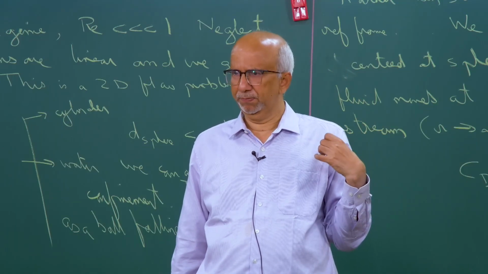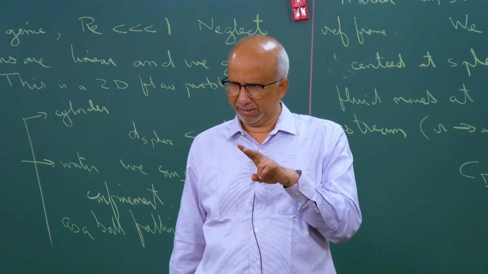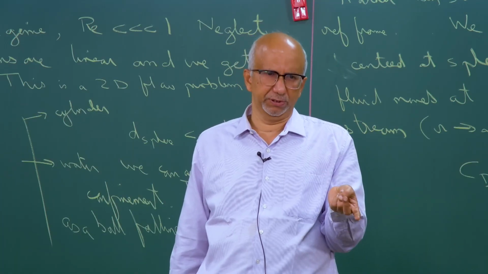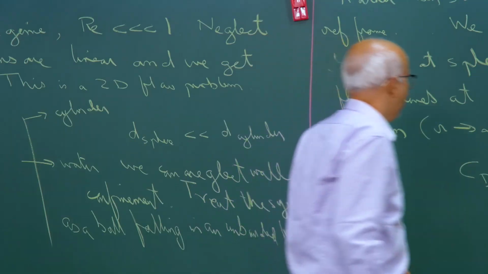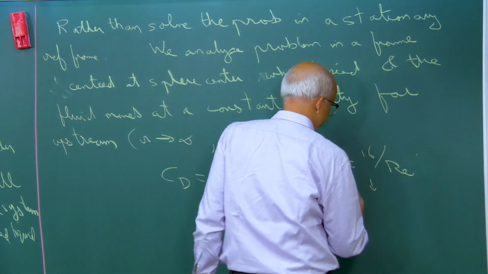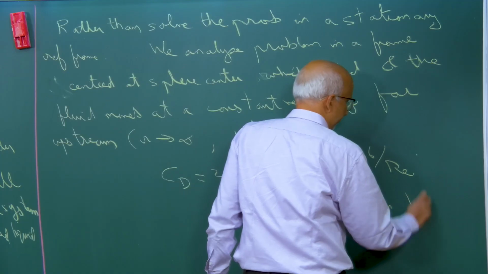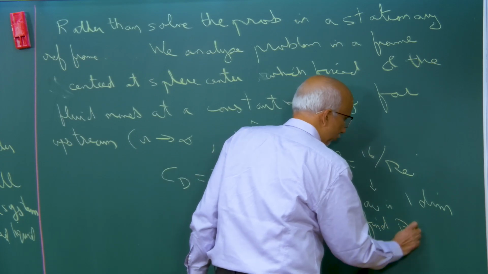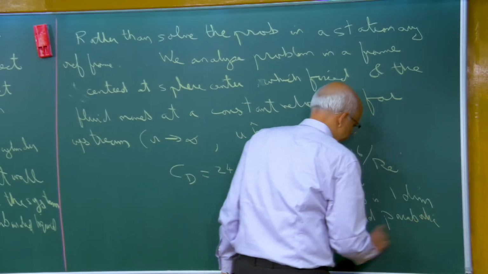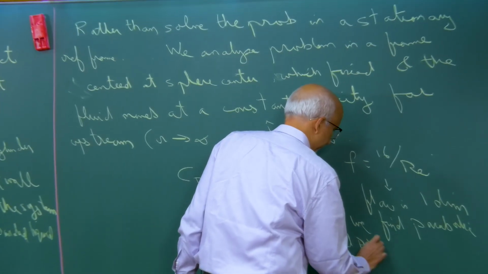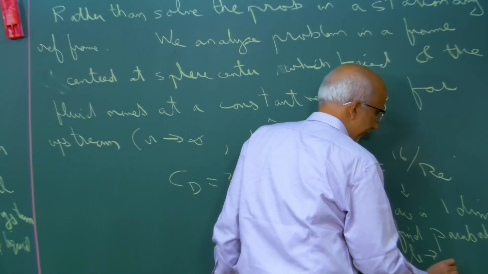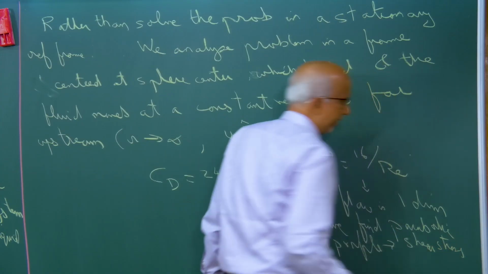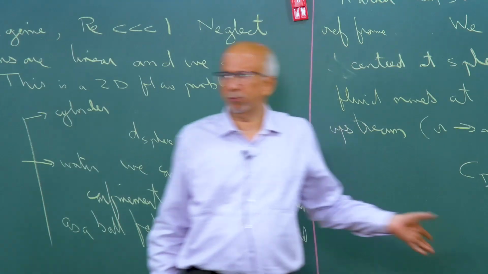In the spherical problem we are going to discuss, we extend the same approach to a two dimensional flow, where there are two velocity components. Here the flow is one dimensional and we find the parabolic velocity profile, then the shear stress, and then the friction factor. I am going to use the same approach here.